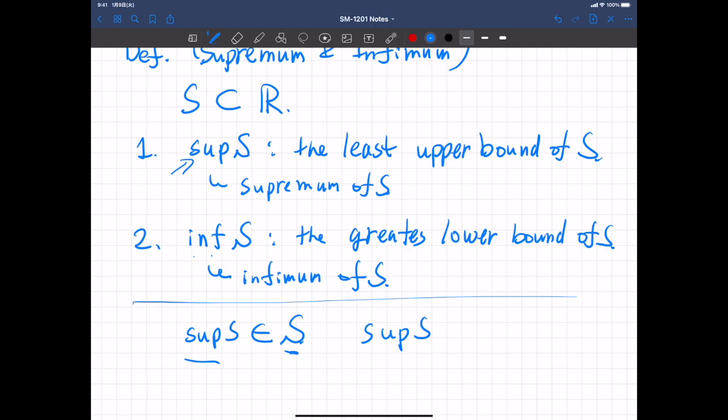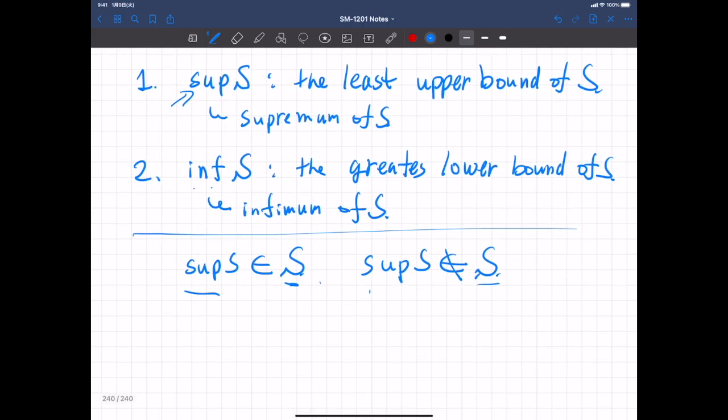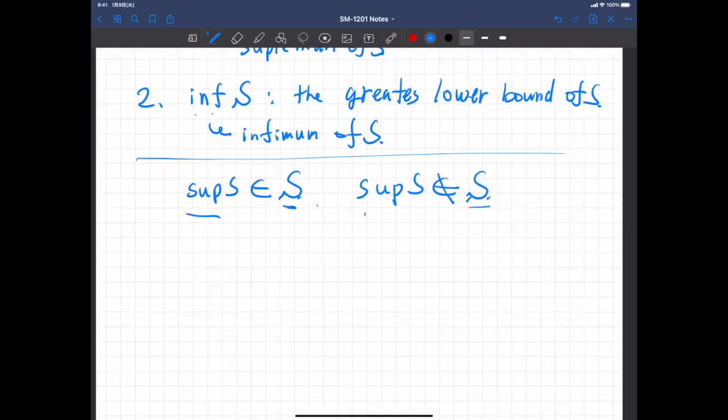It can be also the case that the supremum may not be an element of S. So either is possible, depending on the definition of S. Okay, and the same is true for infimum. It may be an element of S or may not be an element of S. Let's see a few examples.